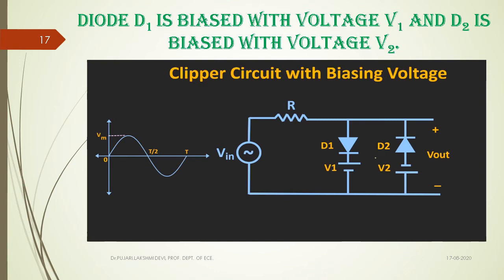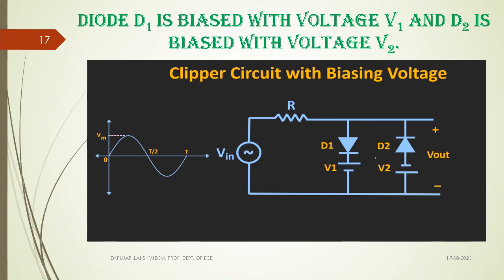Now let us observe the functionality of this circuit diagram. First, whenever the input voltage rises from 0 to the maximum of Vm, what is the condition of D1 and D2? Diode D1 is connected to the input voltage source, and the positive terminal of V1 is connected to the cathode. Imagine V1 is 5 volts and Vm is 12 volts.